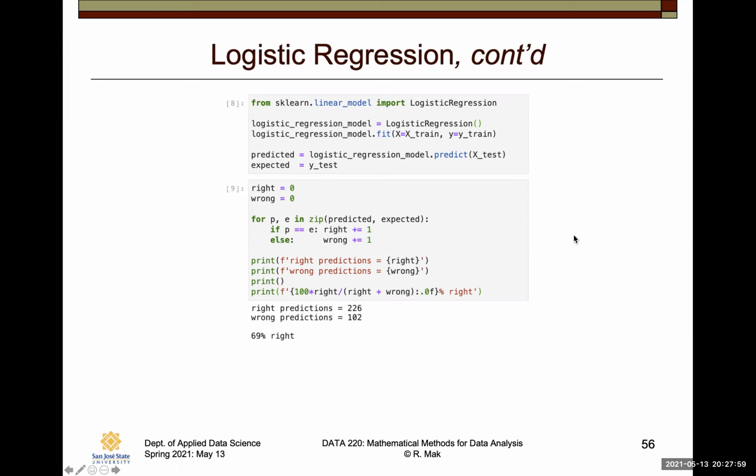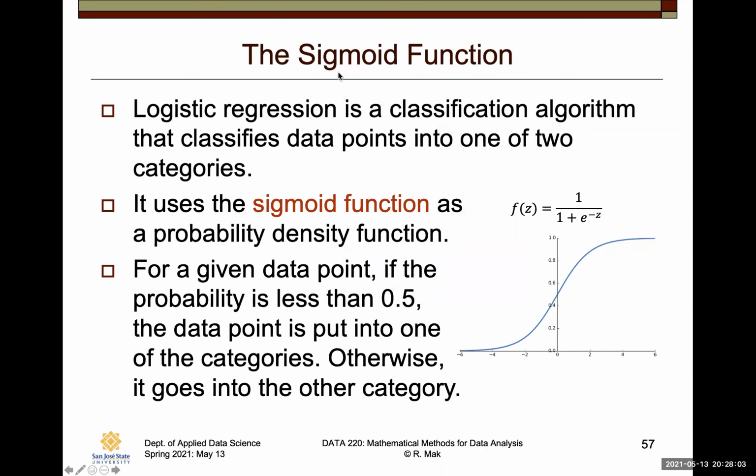All right, so this is a logistic model, and it uses what's known as the sigmoid function. This is what it looks like. For any data point, this function is giving you the probability.